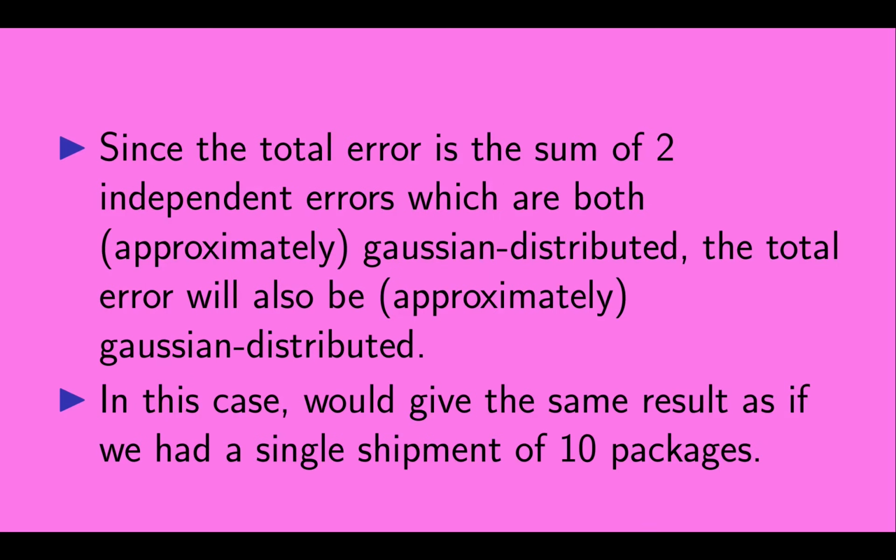Since the total error is the sum of 2 independent errors, which are both approximately Gaussian distributed, the total error will also be approximately Gaussian distributed. In fact, in this case, we would get the same result as if we had had a single shipment of 10 packages.